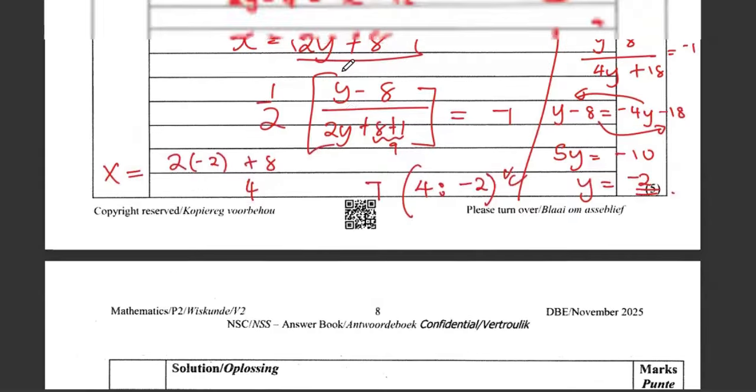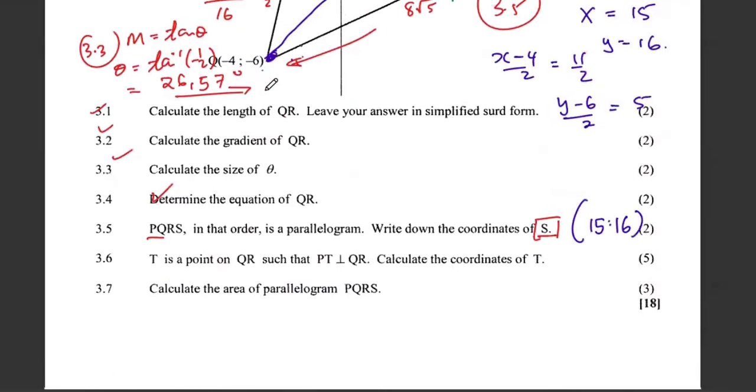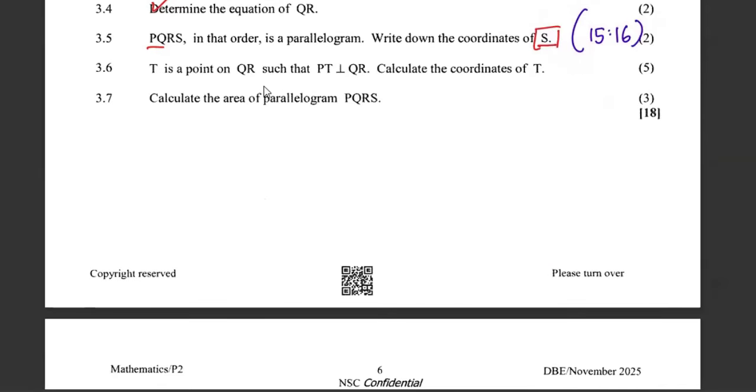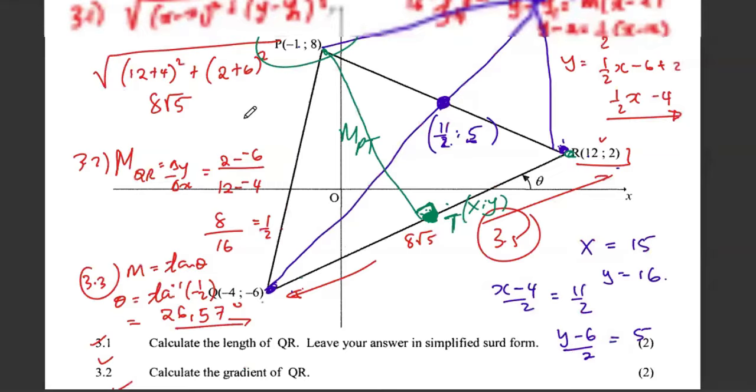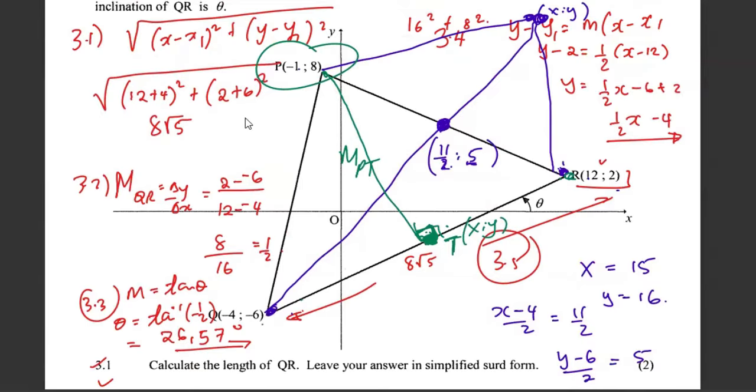Okay, so that is 3.6. And then 3.7, they want us to get the area of the parallelogram for 3 marks. Now, I don't know why they asked this 90, but I believe there's a shortcut to getting this, because if this is our 90, then clearly there's something the question intended, because if this is parallel to that, it's not going to make sense.